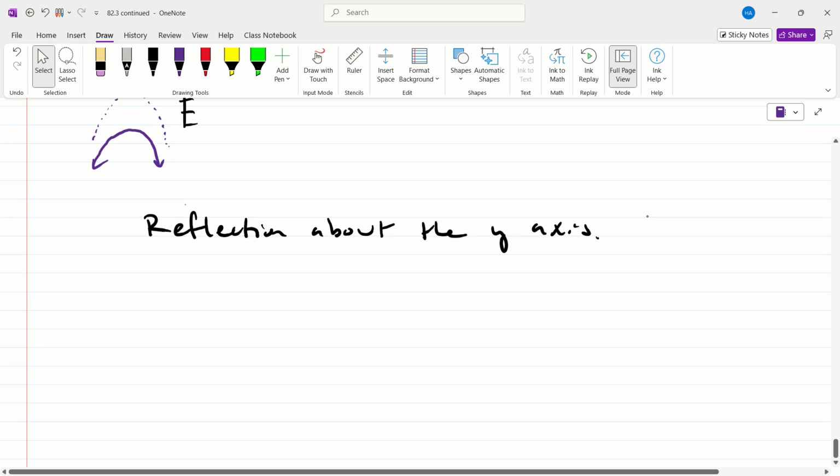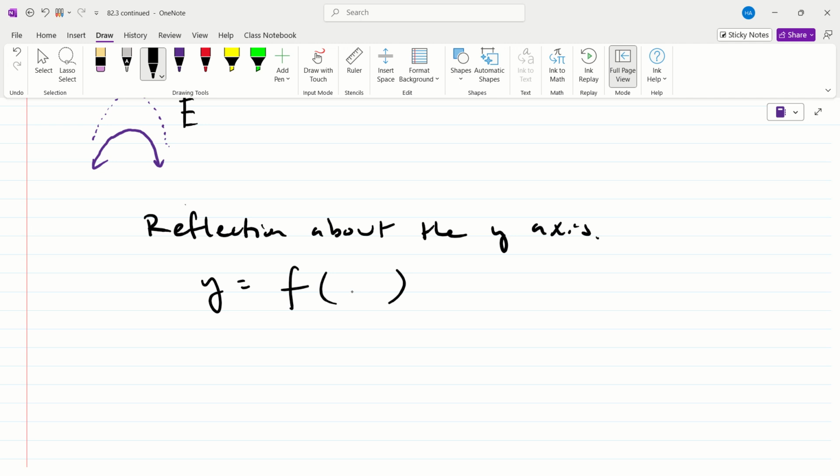So you'll be given a function f of x, and to reflect it about the y-axis, you would take your f of x and put a negative 1 in front of the x. For our last structure, for the reflections about the x-axis, the negative was in front of the function. For the reflection about the y-axis, the negative is inside the argument.